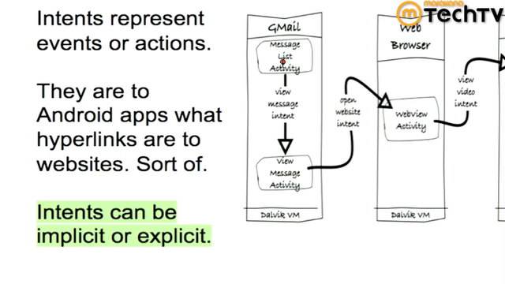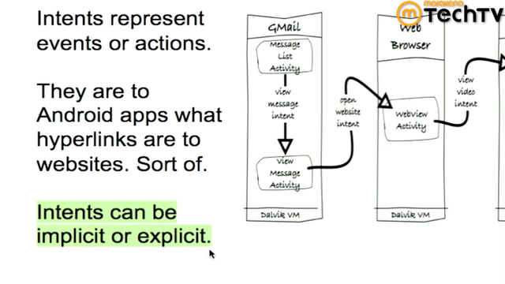So Gmail, when I said view a message, Gmail said this is the specific internal class that's capable of viewing a message. So start this internal class, right? So we were quite explicit in that case, spelling out how we want to handle that, right?